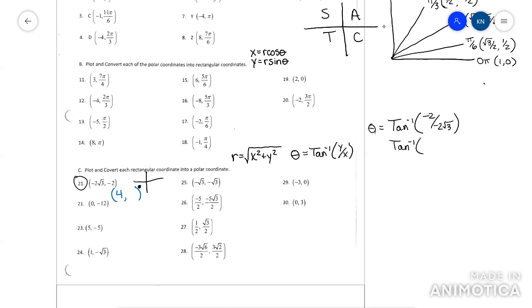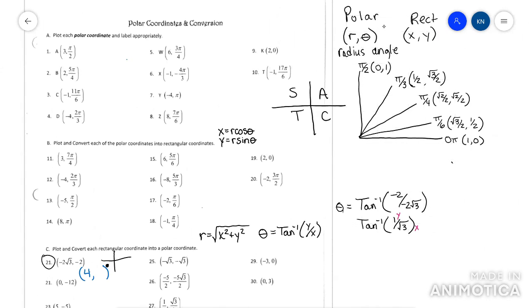So the negative 2 over negative 2 will cancel, and this will just become 1 over root 3. Now, I also like to write y over x, because I'm going to look up here at my reference angles, and I'm going to look for a y with a numerator of 1 and an x with a numerator of root 3. So that would be this right here, pi over 6. So you say, okay, my reference angle is pi over 6.